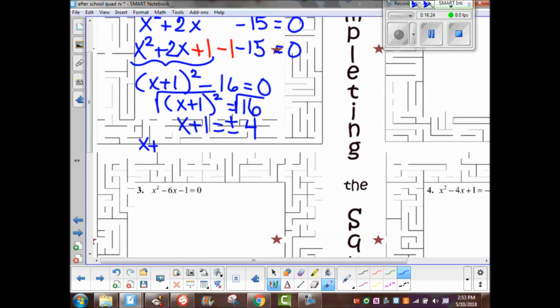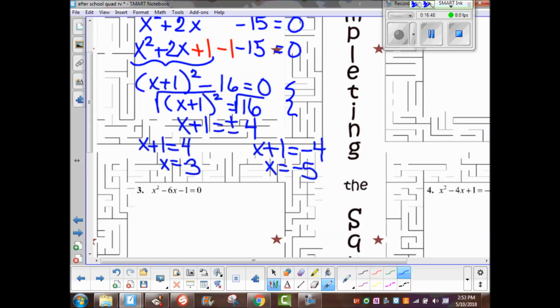Now I have x plus 1 equals positive 4, and x plus 1 equals negative 4. This is going to give me my two roots, or my two solutions. So if I subtract 1 from both sides, I get x is positive 3, and x is negative 5. Okay, so those are my two solutions.